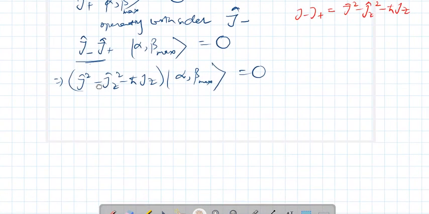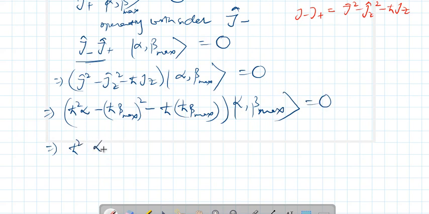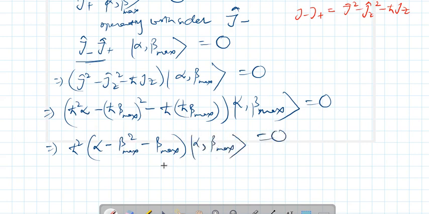As I know the eigenvalues of J² and Jz, if I put them here, it is ħ²(α − β_max² − β_max)|α,β_max⟩ = 0.